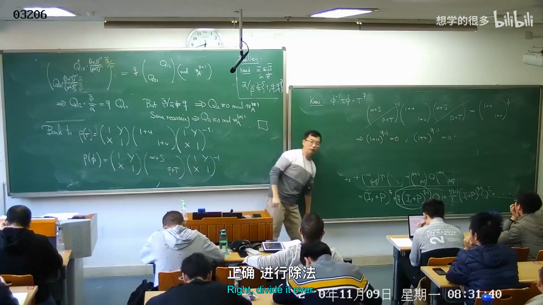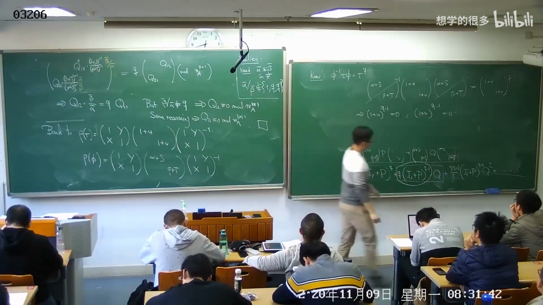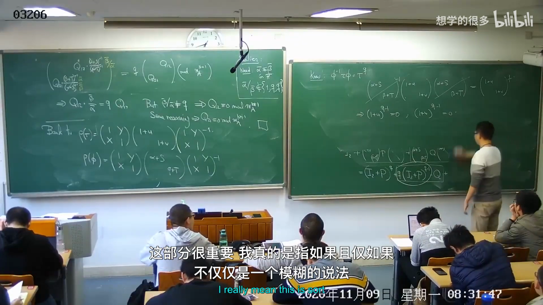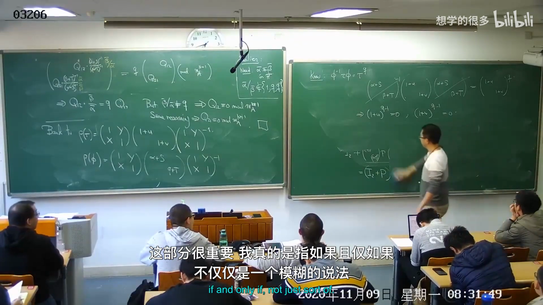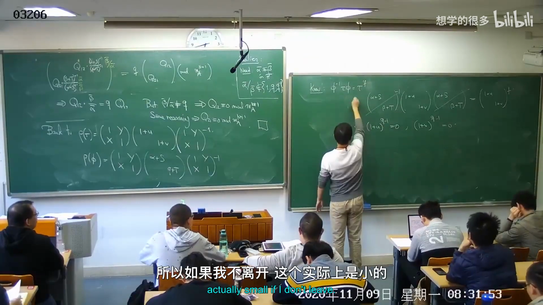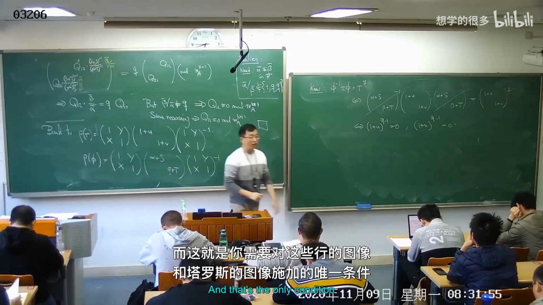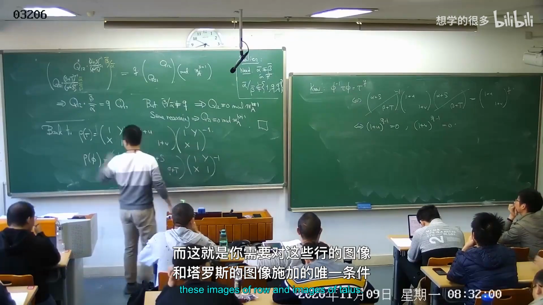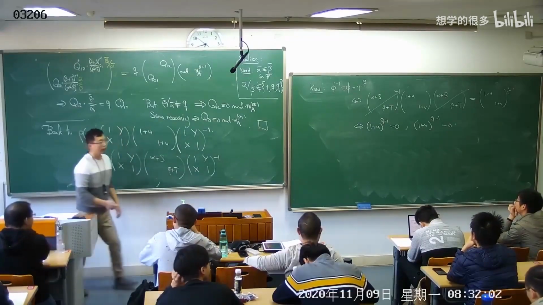You can divide it over. And when I write this, I really mean this is if and only if. And that's the only condition you need to impose on these images of rho and images of tau.